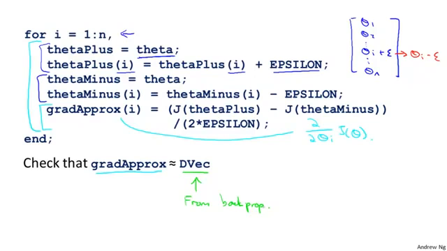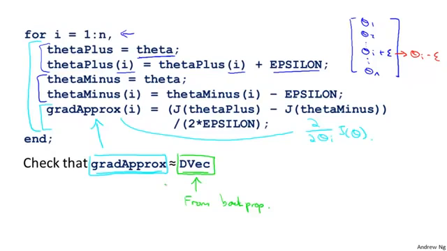And what I usually do is then take my numerically computed derivative, that is this grad approx that we just had from up here, and make sure that it is approximately equal, up to small values of numerical roundoff, to the dvec that I got from backprop.